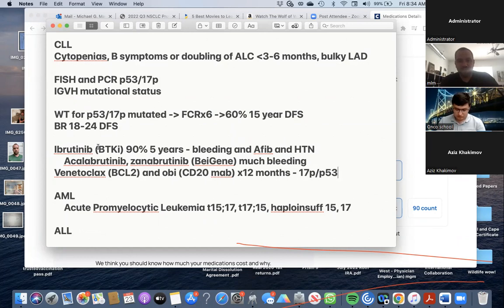The only time I've actually written for chemotherapy is with FCR, and it's in those young patients who have mutated heavy chain loci and are wild type for P53 and 17p. So really, this is a disease that, much like CML, the other chronic leukemia, we almost never use chemotherapy for anymore. It's really just treated with targeted therapy and targeted therapies only at this point in time.